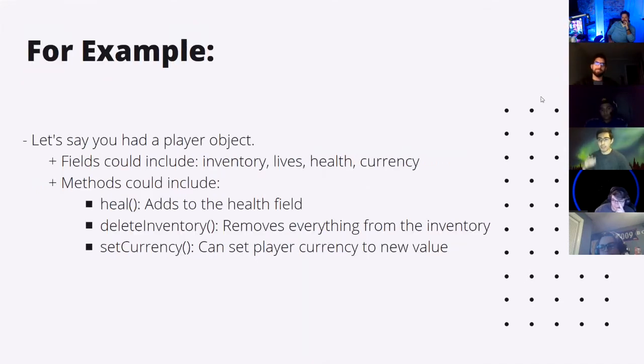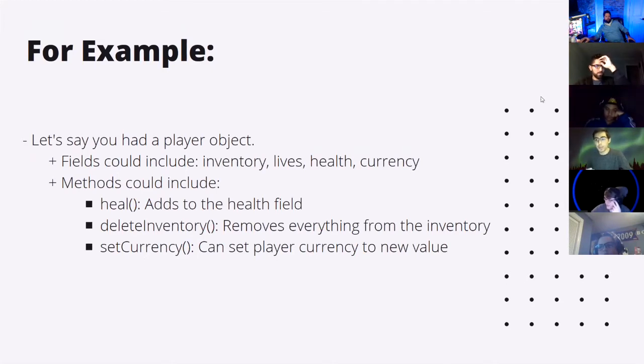So let's have an example of an object in a game, right? Just so you guys can really understand it. Let's say one that you use in Unreal Engine or a lot of other games, really basic, is a player object, right? Well, there's information that you have to store about the player and behaviors that you have to store about the player as a game designer. So maybe some of this data includes what your inventory looks like, or how many lives you have, or your current health or currency in the game.